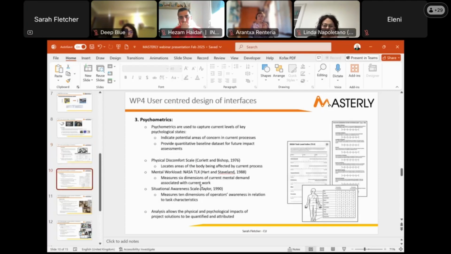The third part of our user-centered analysis is the application of psychometrics. So we use psychometrics, as you all know, to capture current levels of psychological states, indicating potential areas of concern in the current processes. And also this provides us with a quantitative baseline data set against which we can measure impact in future assessments.